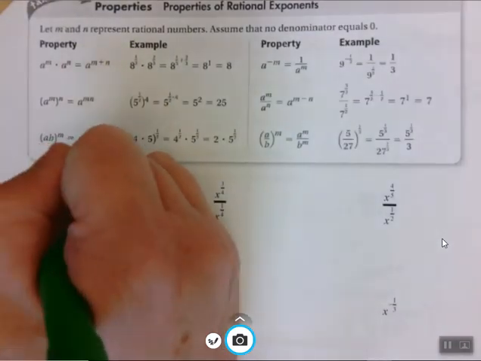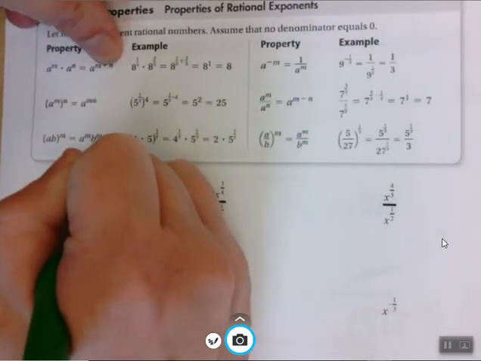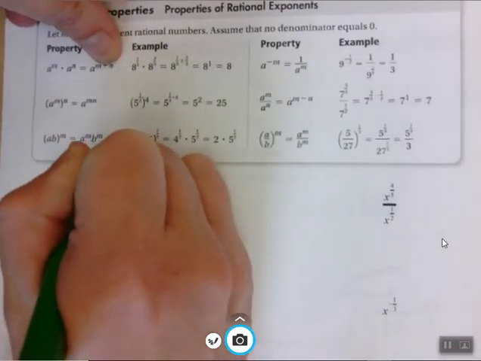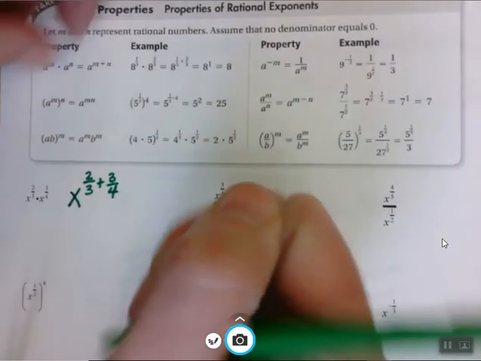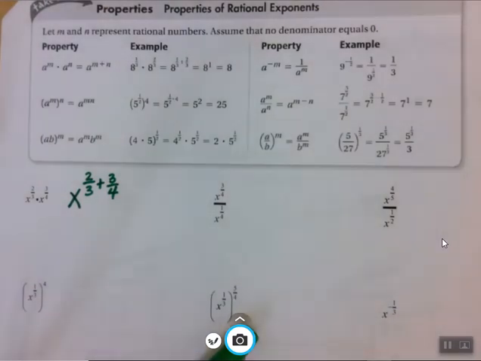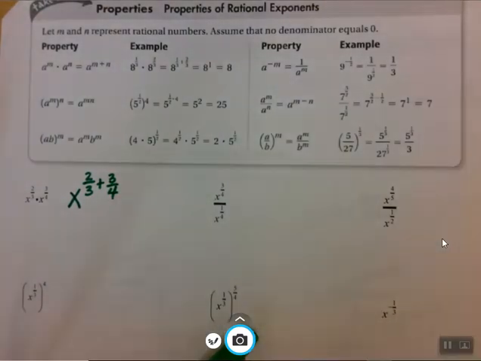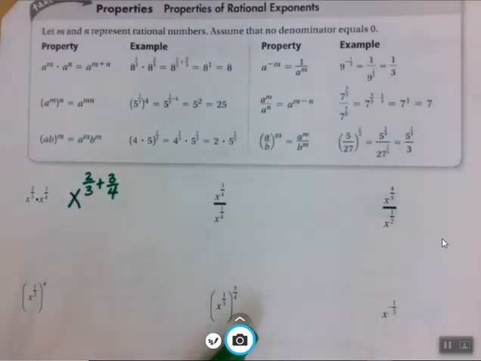So this is a multiplication problem. I need to add the exponents, so it's going to be x to the 2/3 plus 3/4. And you can add those with a common denominator, or you can add them on the calculator. So if you don't have a calculator and you want to grab one, do that, because adding fractions is much easier on the calculator.